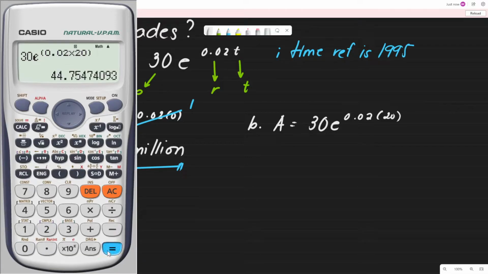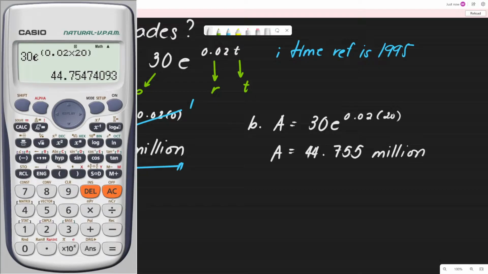Therefore we have 44.754 or 44.755, so that's what we will use. So the population after 20 years is 44.755, and we can round it off to million.